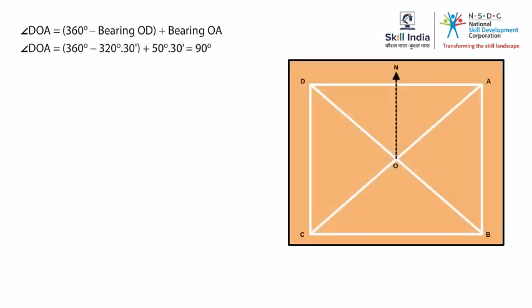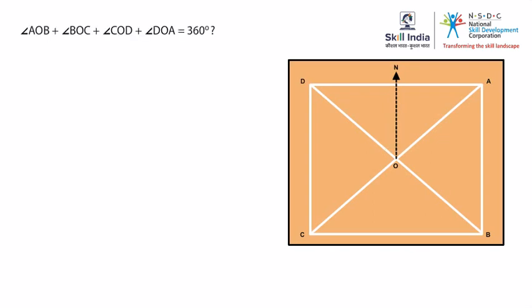So angle DOA is equal to 360 degrees minus 320 degrees, 30 minutes plus 50 degrees, 30 minutes, which is equal to 90 degrees.